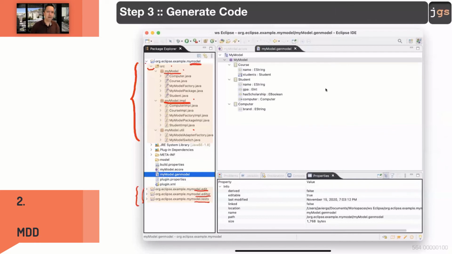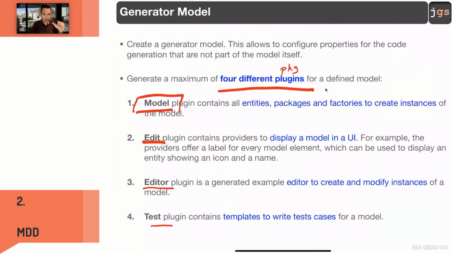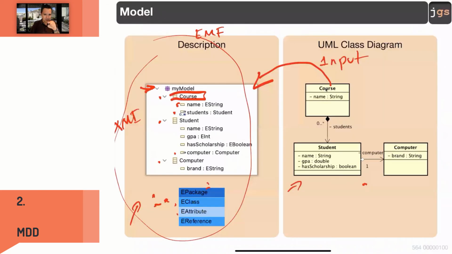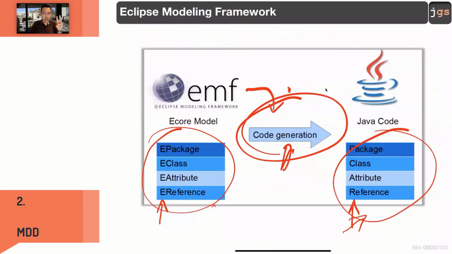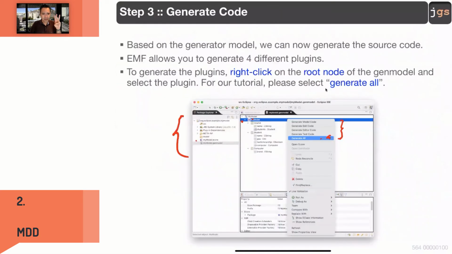Wait, are you telling me that the input was this one? This thing was the input. And that input represents these beautiful 3 classes here. 3 classes. But the source code that you are creating is 4 packages.